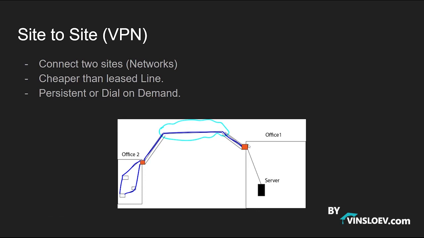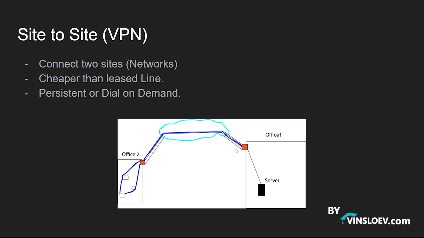So by using this, you can get past the normal firewalls which should be set up at any company where they don't allow access from outside. But by using this VPN, the firewalls will see that, okay, this is actually a resource that is on the right network, and I will let it through.